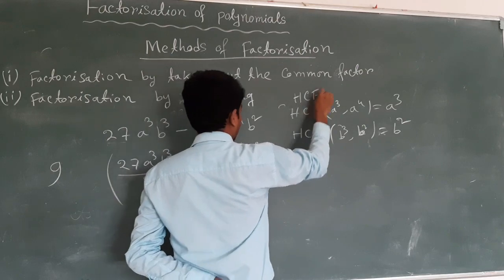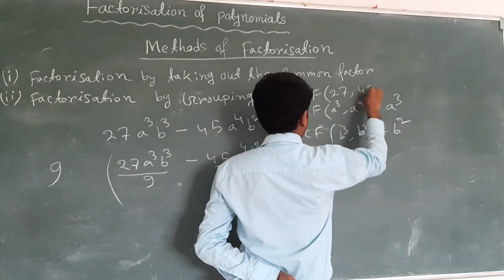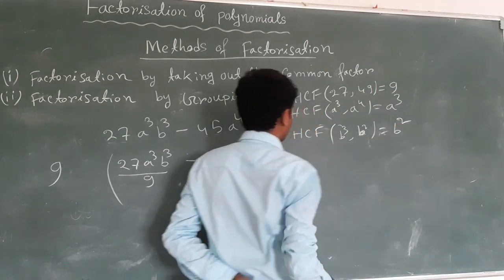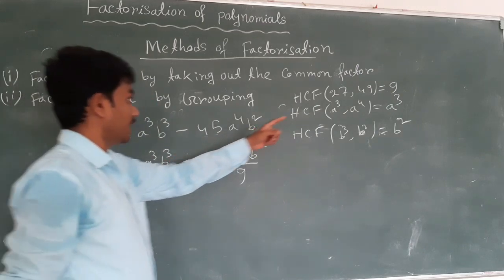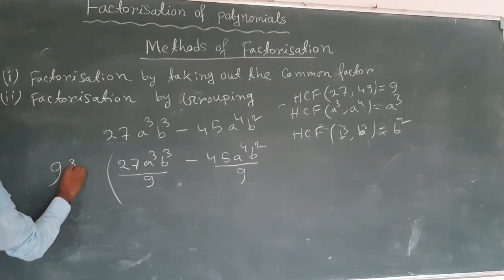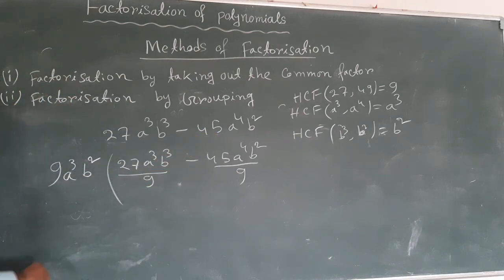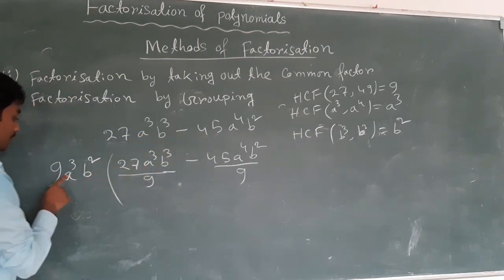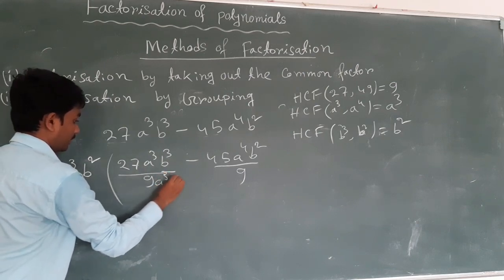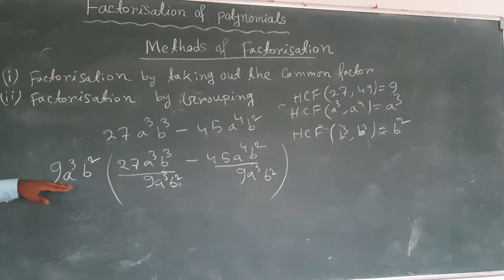Also the highest common factor of 27 and 45 is 9. So 9 a cube b square is the common factor of each of the terms. So we divide each of the terms by the common factor and we write the common factor as a multiple of the given algebraic expression.